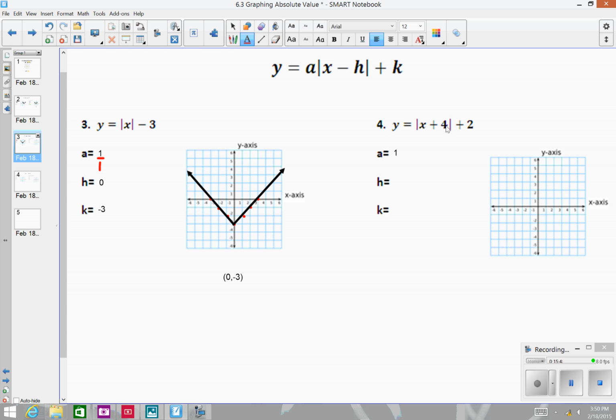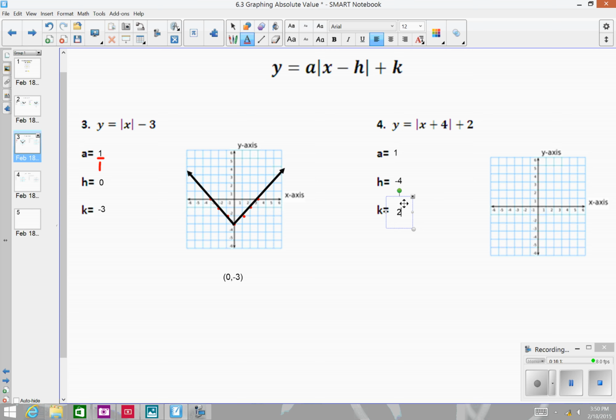So I see a +4. The opposite of +4 is what type of 4? A -4. Good. So I'm going to write that -4. That's opposite of what you see. Now, your other value, your k value, is going to be what you see. In this case, it's a +2, so your k value is just going to be +2.